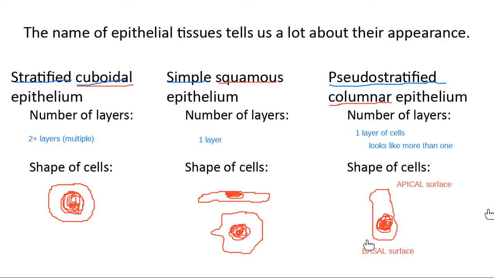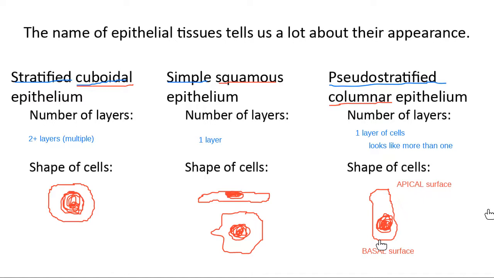The reason I mention these words is because this is going to matter when we're looking at stratified epithelium. When you look at stratified epithelium, there's more than one layer. Do we look at the shape of the cells in the basal area or in the apical area to say what their shape is? If I've got more than one layer, do we look at the top or the bottom to figure out their shape?